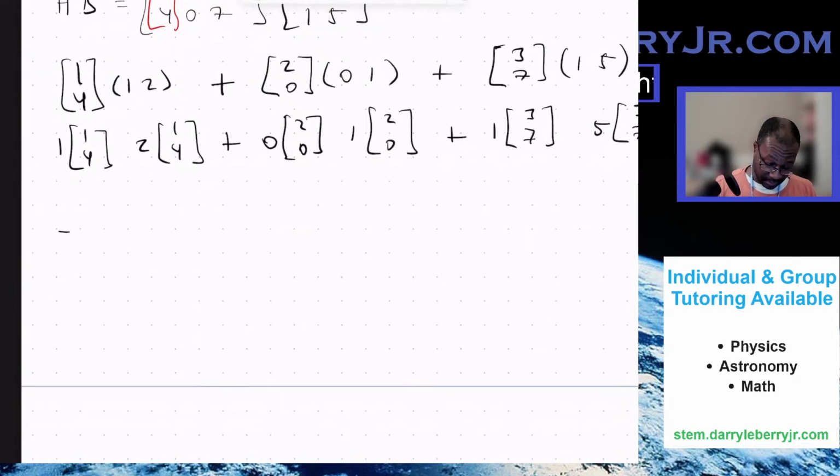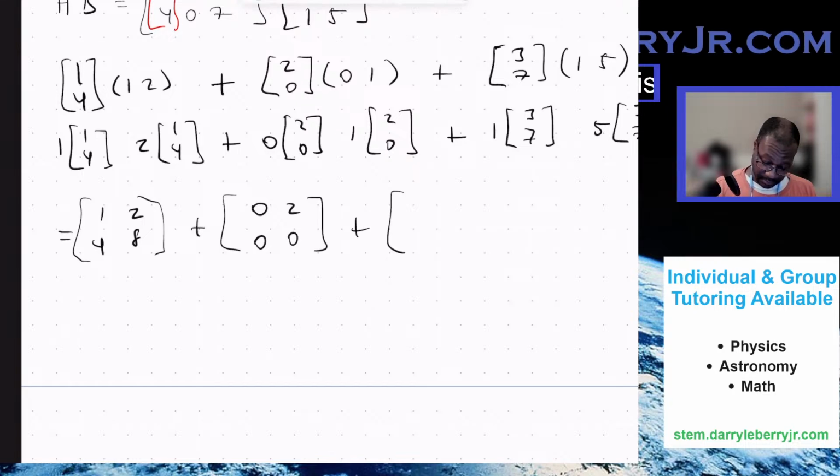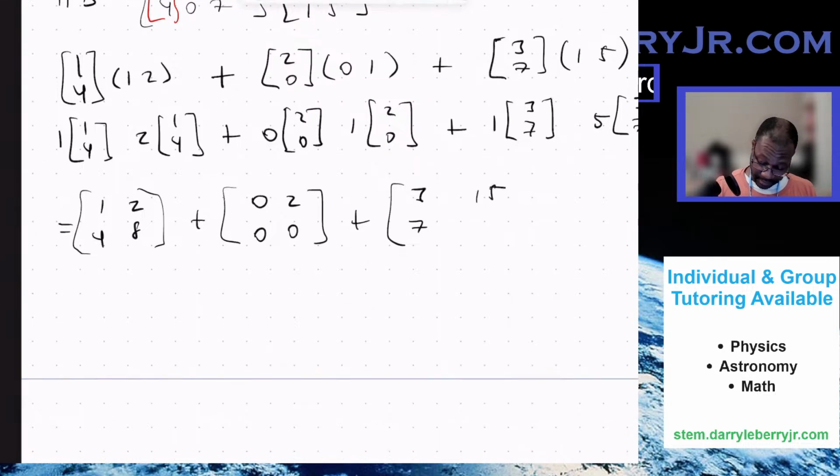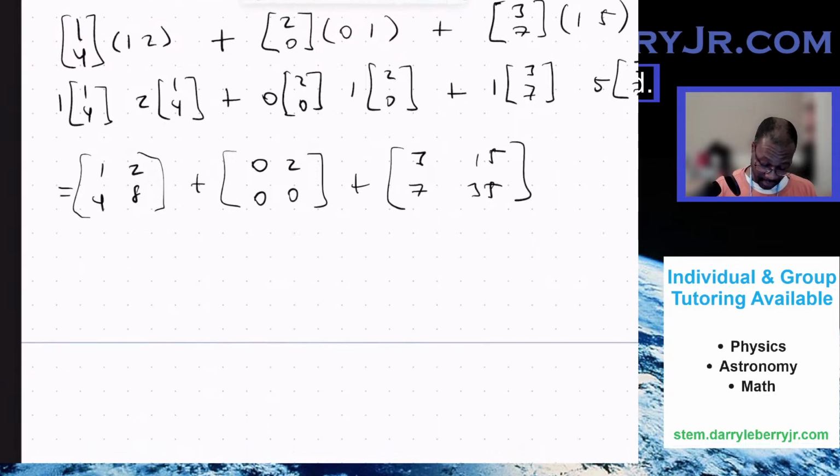So that's going to be 1, 4, 2, 8 plus 0, 0, 2, 0 plus 3, 7, 15, 35, which equals 4, 19, 11, and 43.